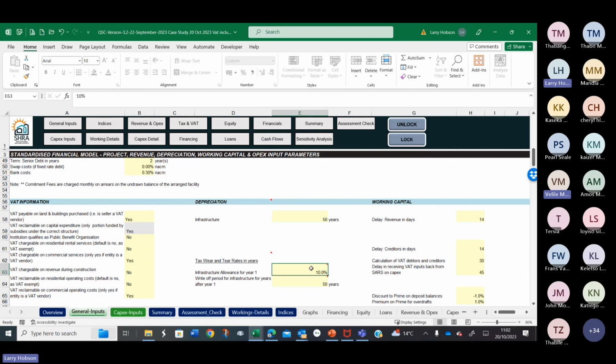Infrastructure allowance for year one on the tax wear and tear, 10%. And then after that, we write off over 50 years. So there's a reduced rate write-off. So your tax write-off and your depreciation write-off are different.